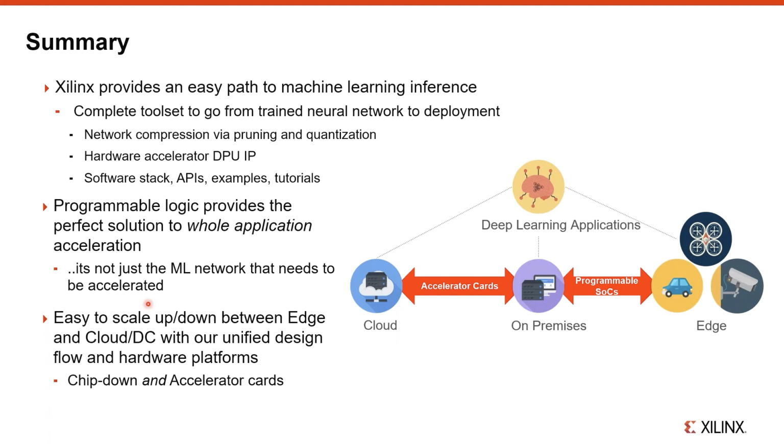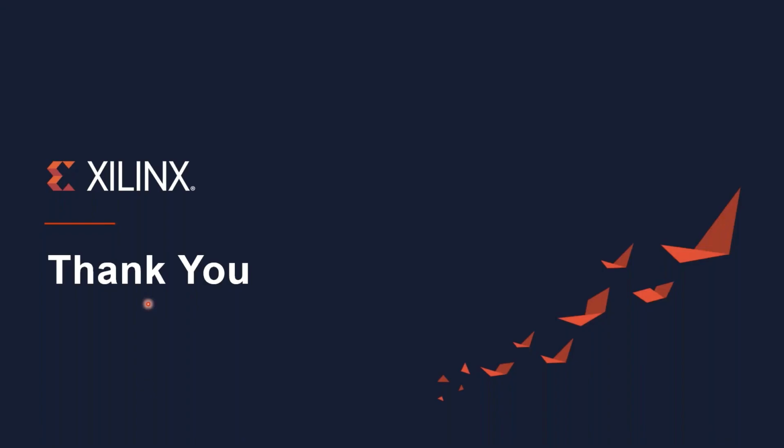And those are very, very different platforms. But the unified tool flow allows you to bring those down and simply compile them and run them on those two platforms without changing your application code. I think that's a very important point to stress. You do not change your application code because all of the APIs and the runtime remain the same between cloud and edge. And I think with that, I have concluded.